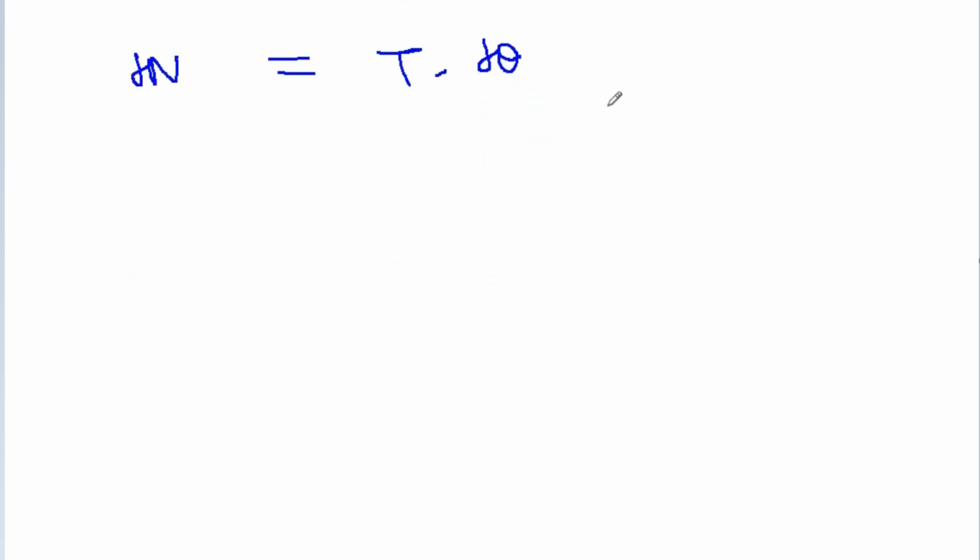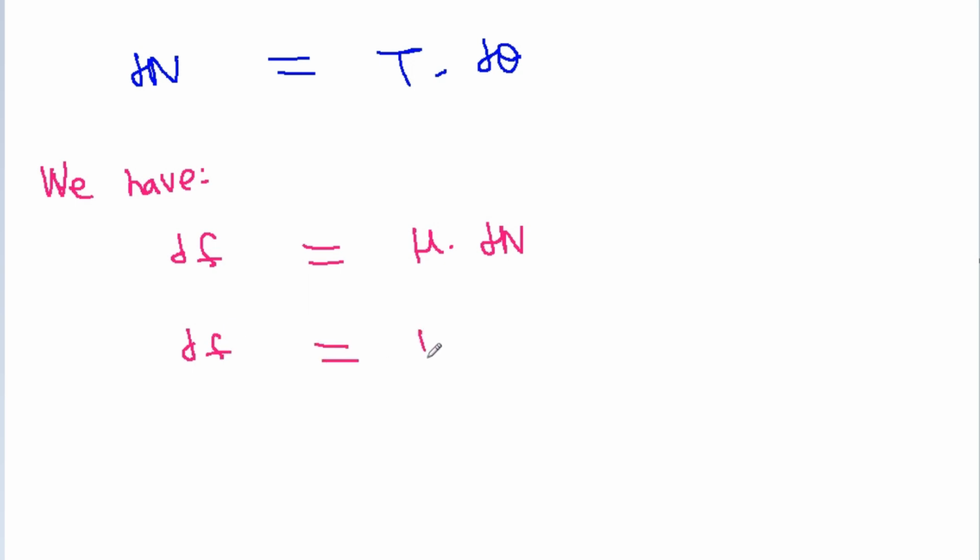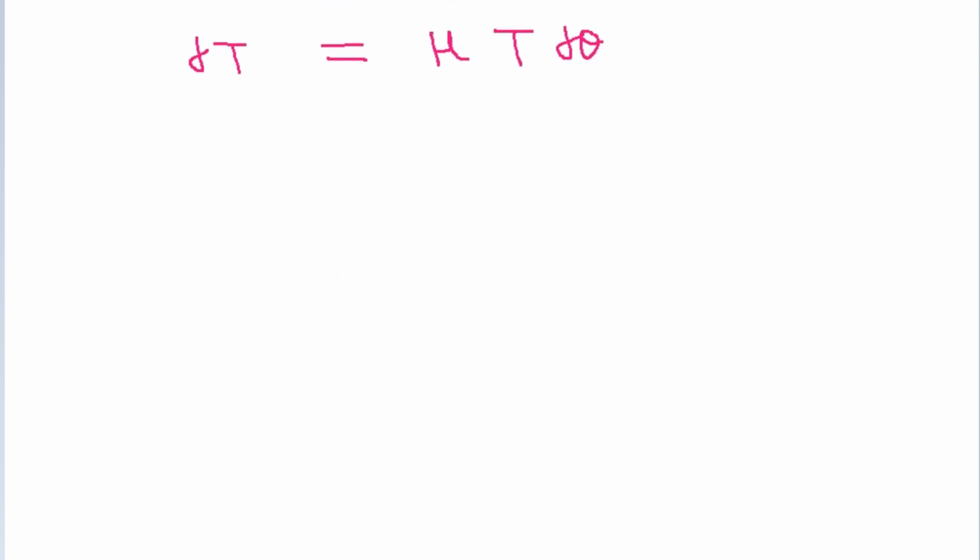We have dF is equal to mu times dN, so dF is equal to mu T d theta, and dF is equal to dT, so dT is equal to mu T d theta, and we get dT by T is equal to mu d theta.